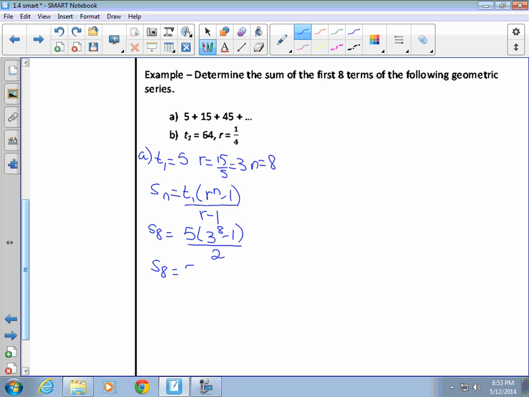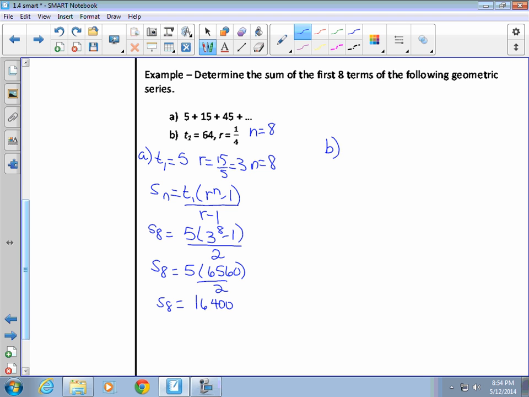So this is equal to 5 times 6,560 over 2. So my sum is equal to 16,400. So B, term 1 is 64. They've told me my common ratio is 1/4, and I know my N is equal to 8.